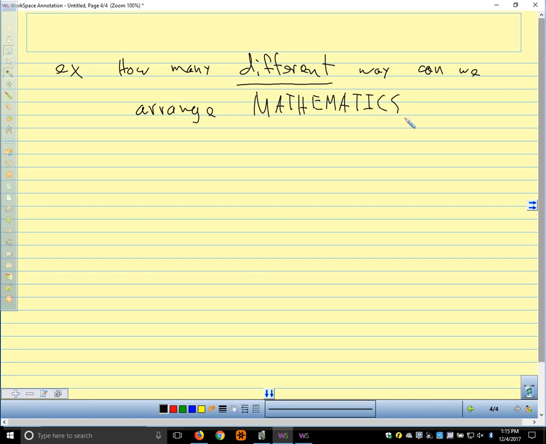So what's the problem here? What makes us different than just arranging the letters of the alphabet? We have some repeats. So we have to take into account the repeats.